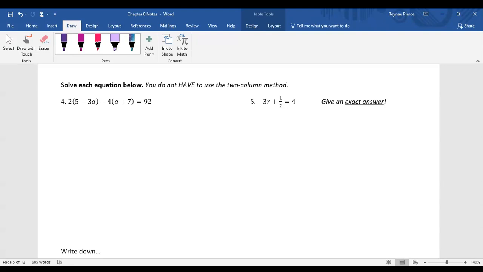What I see here, I've got 2 different cases of distributive property. 2 times 5 is 10. 2 times negative 3 gives us negative 6a. This minus stays with the 4, so we've got negative 4a minus 28 equals 92. Again, that's all the distributive property.